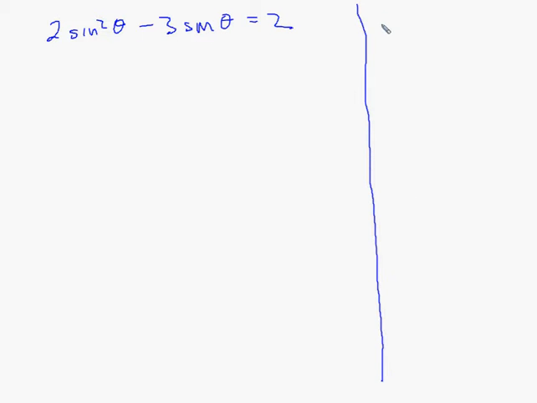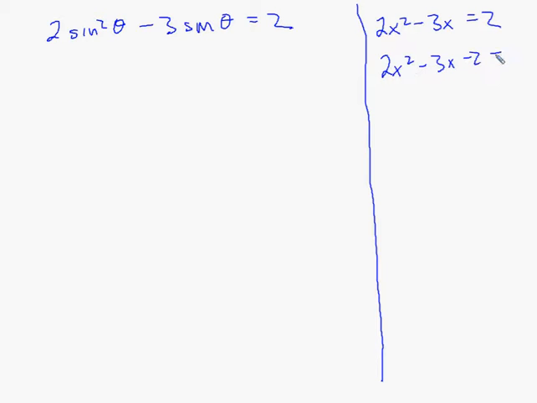2 sine squared theta minus 3 sine theta equals 2. Now, before we do this one, if I had 2x squared minus 3x equals 2, we would subtract the 2 and then factor.